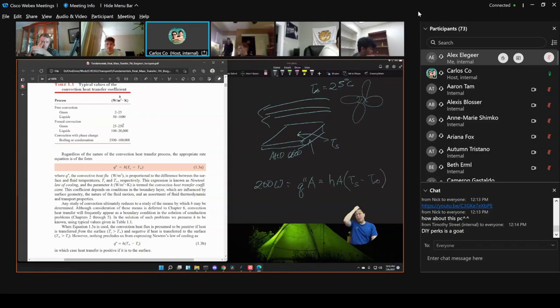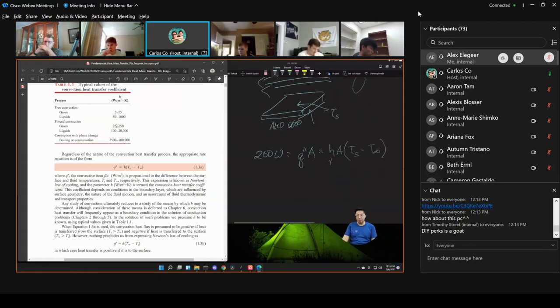Now, you're blowing air over your CPU. So let's say you've got 200 watts, and here you've got a heat transfer coefficient of 200 watts per square meter per Kelvin. Then you've got the area.